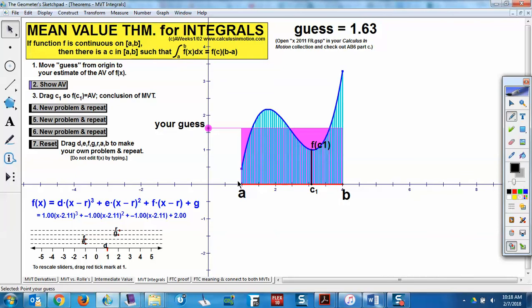What do you think? Go up a little bit, down a little bit. I think just that good. Leave it right there. All right, so let's go with that.